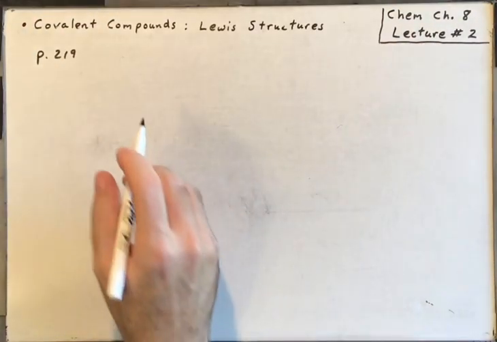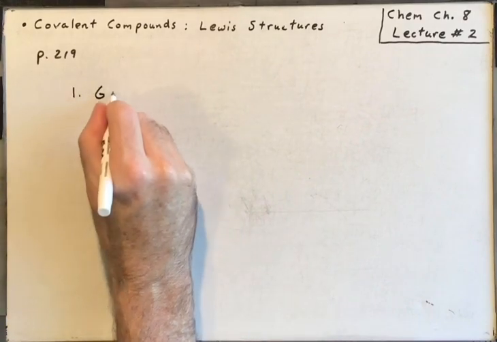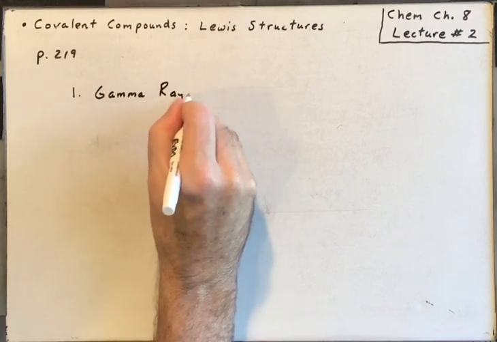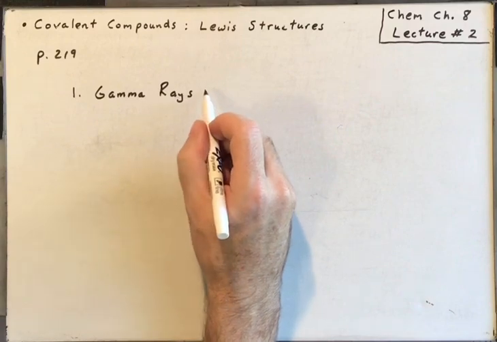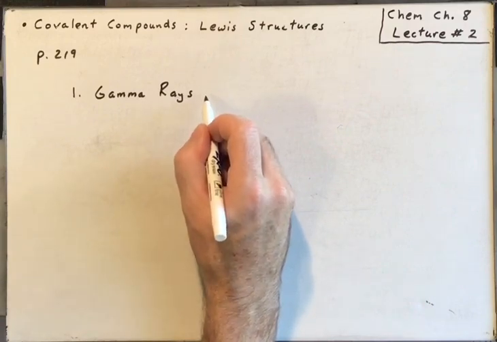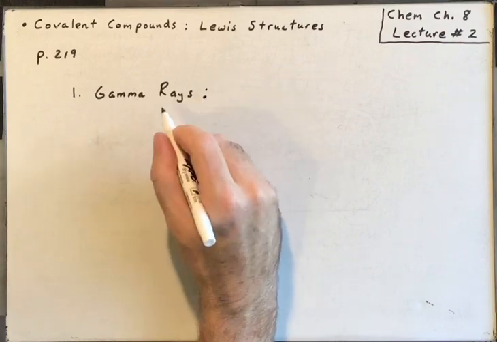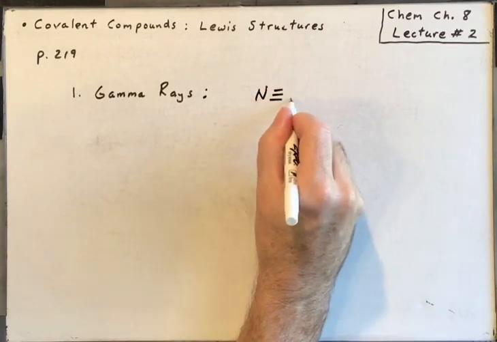The most powerful energy that comes from the sun would be gamma rays. All right, gamma rays would go right through our skin and damage our organs, so we need to be protected from those. What protects us from gamma rays would be the triple bond of nitrogen that we drew just a minute ago.